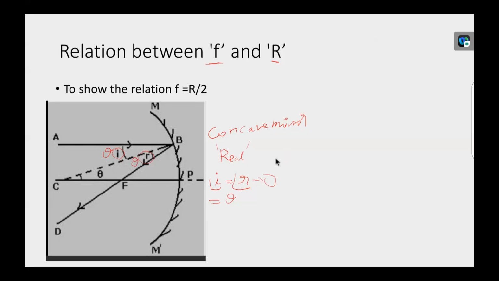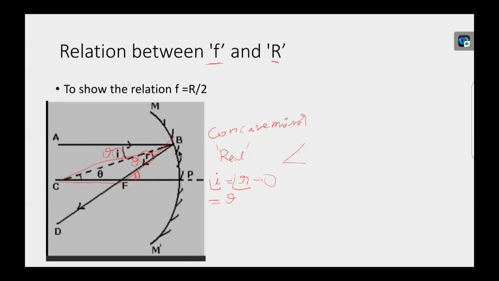Now we have got a triangle here, C, F, B. The angle at B is theta, R is theta. The angle formed at F, if you observe, is an exterior angle for this triangle CFB.